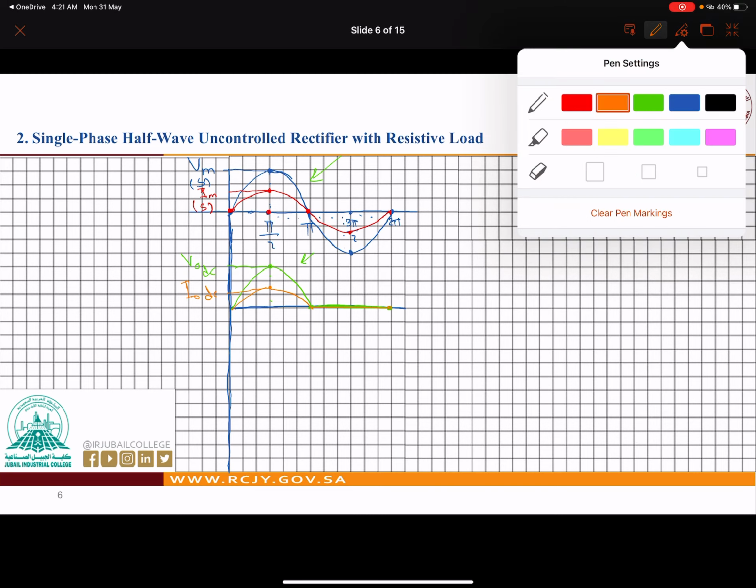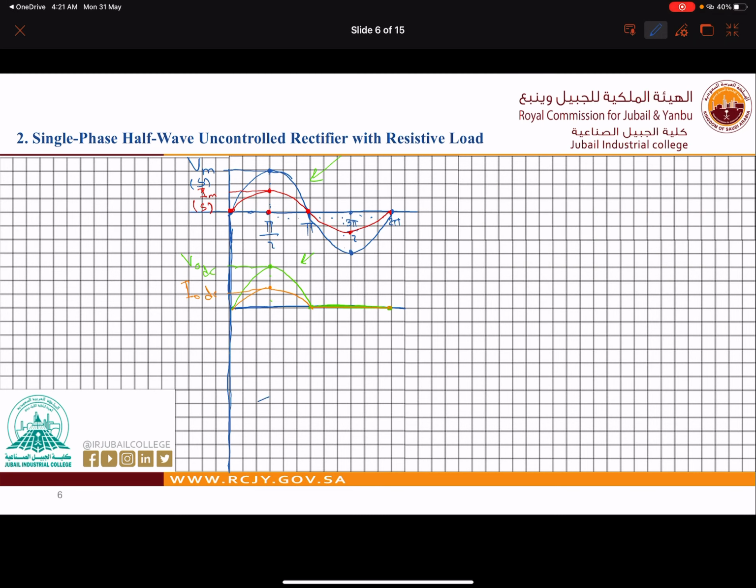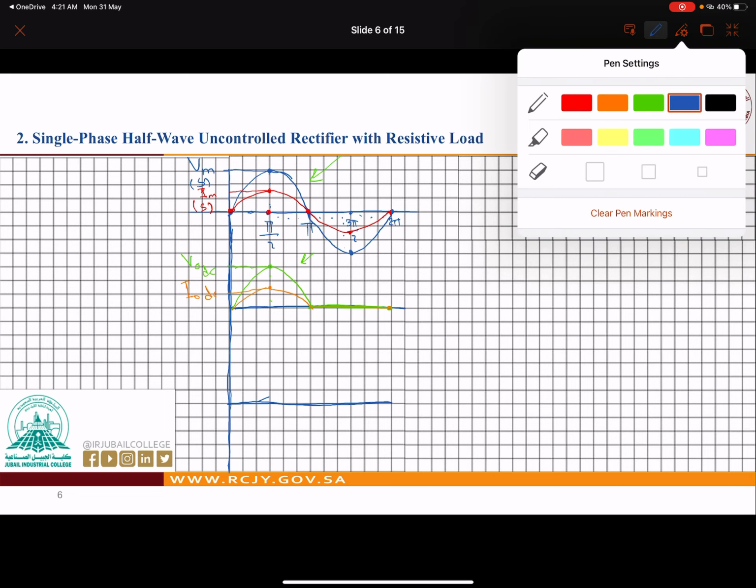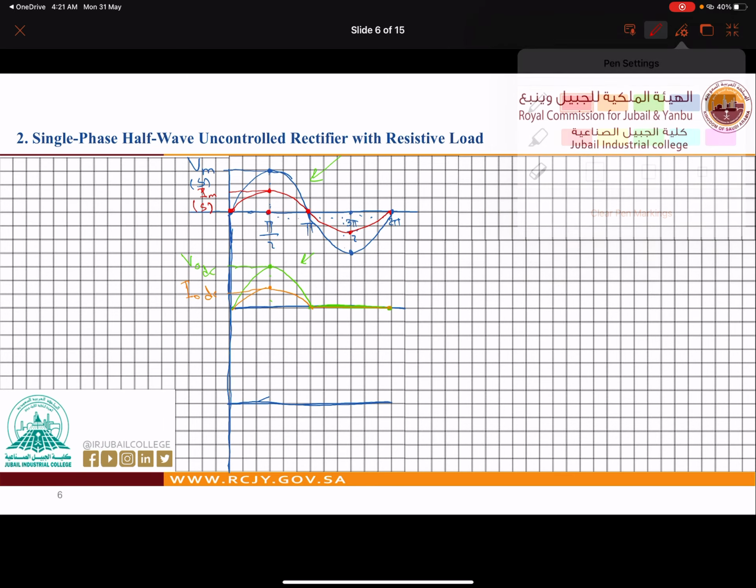Now for the voltage of the diode, this is our x-axis. For the voltage of the diode, I'm going to draw it with the red color again. For the diode we know that once the diode is conducting, it will act like a wire, and there is no voltage on the diode.